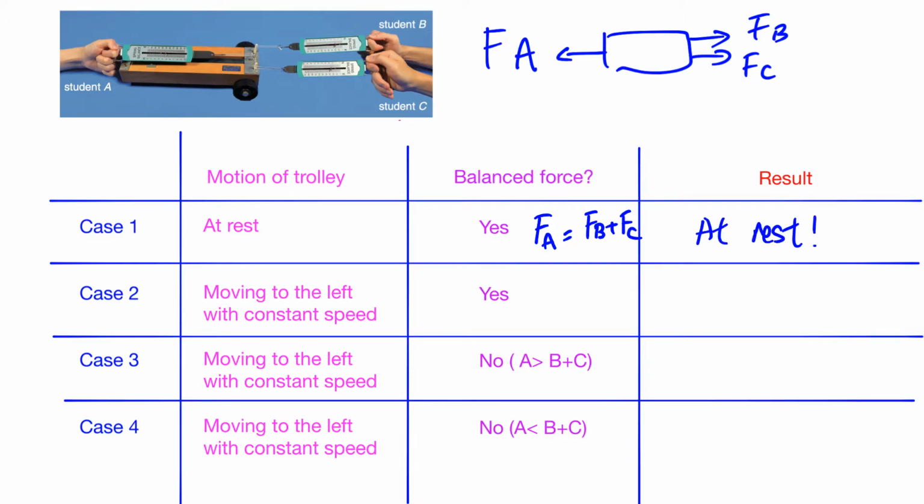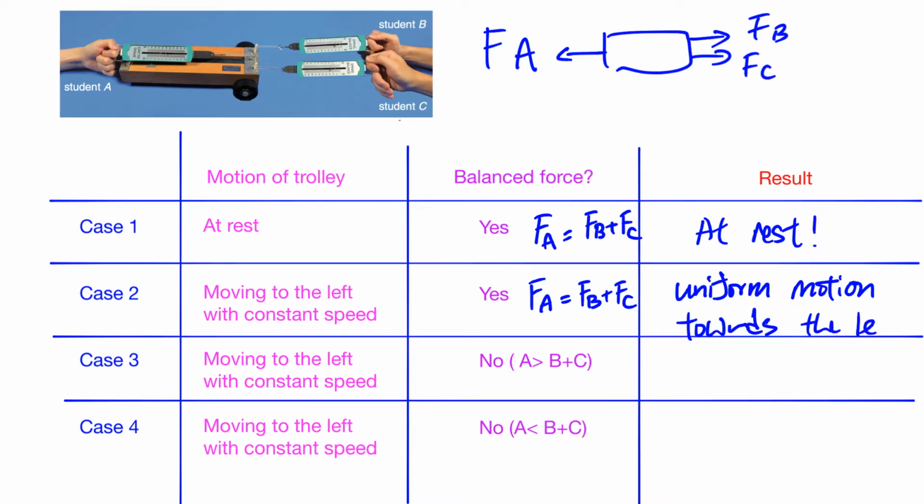But if the trolley is moving towards the left with constant speed, that means uniform motion, the force adding on it is still a balanced force. So it will still have a motion, but a uniform motion, moving at constant speed, still towards the left.